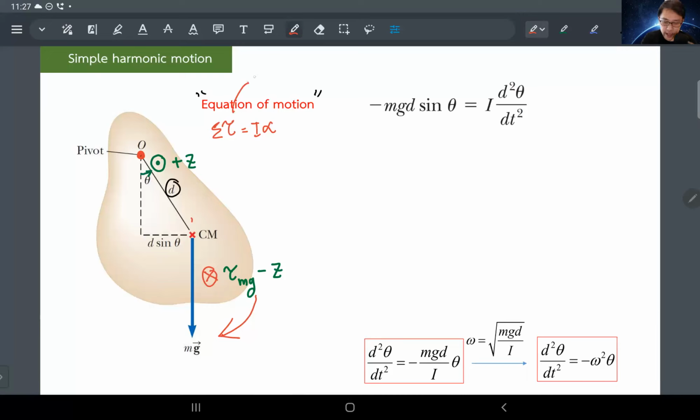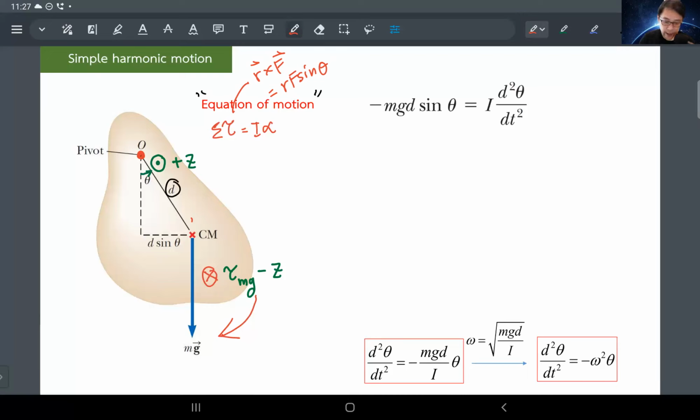Torque is R cross F, and it's just RF sine theta, right? So by definition the torque is just the force multiplied by the distance from the line of force to the axis of rotation, or in this case, our pivot point.